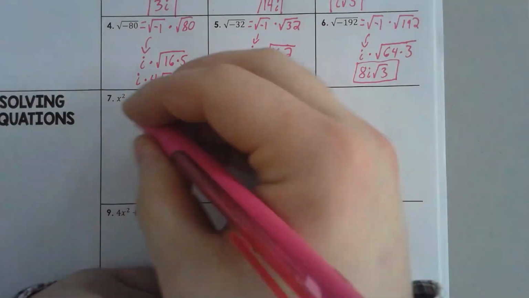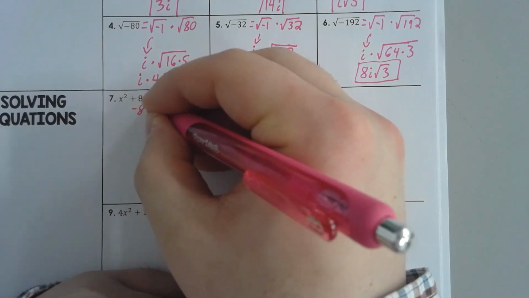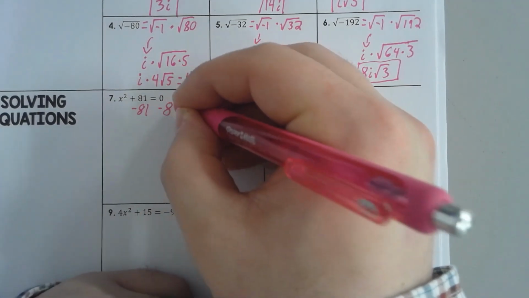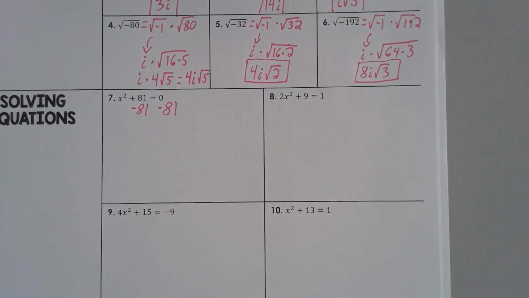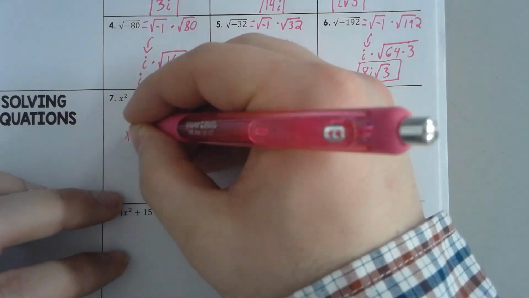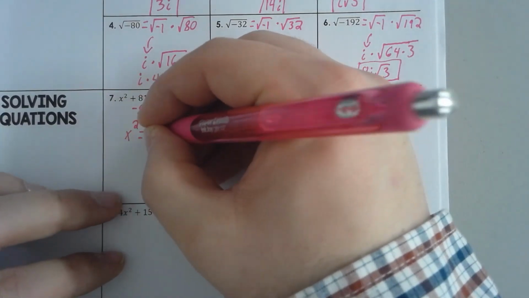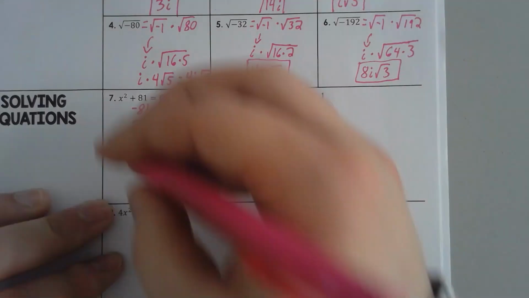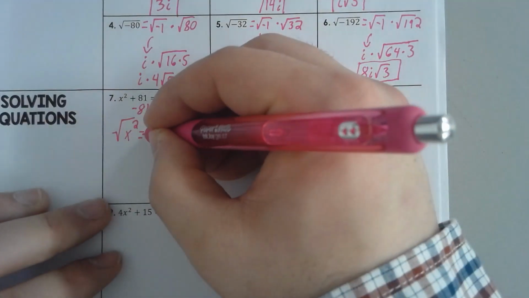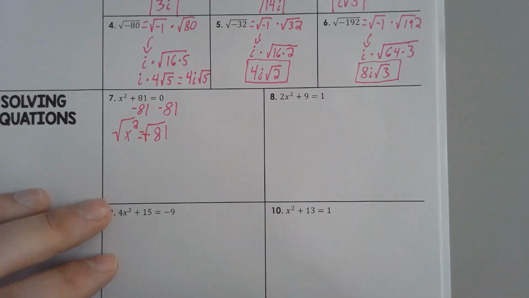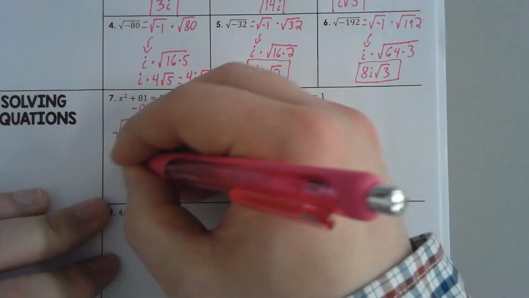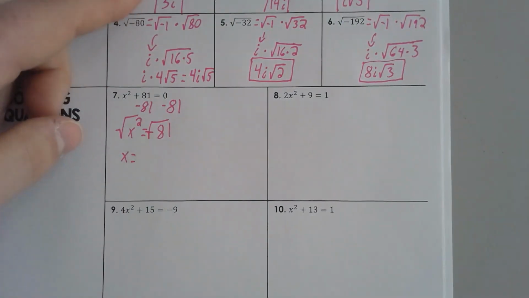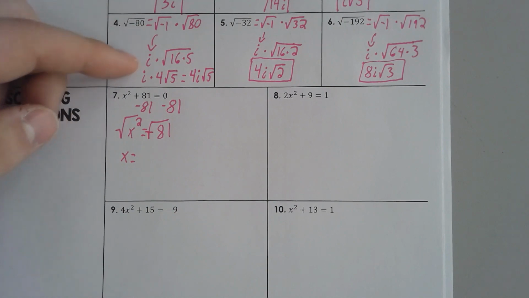Alright, hang with me. You're going to be amazed how simple this is. It's the same steps, we're just trying to isolate our x. So we subtract our 81. Then you got x squared equals negative 81. Take the square root. And then you just follow the same steps that you were doing in these problems up here.